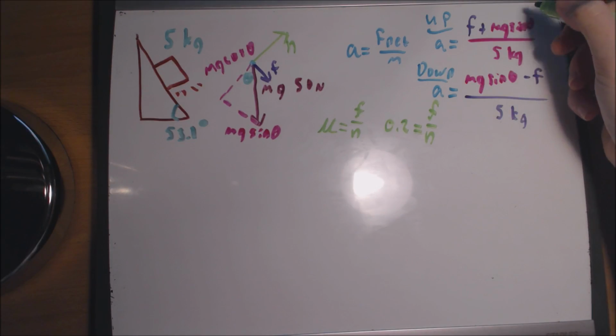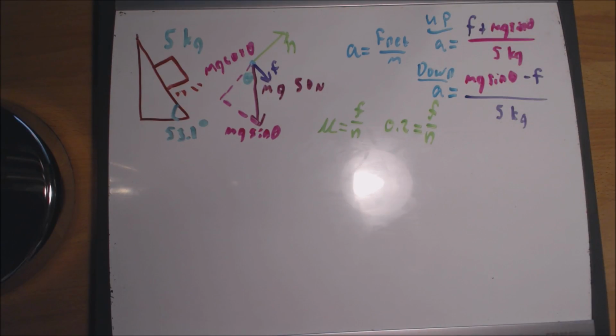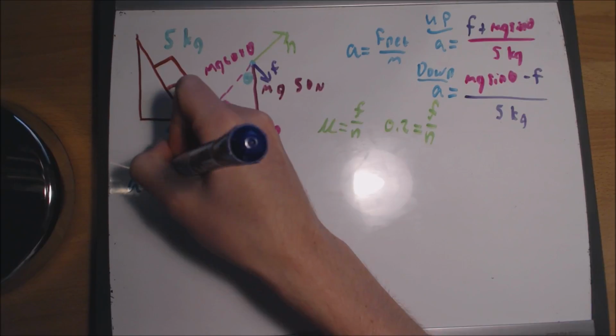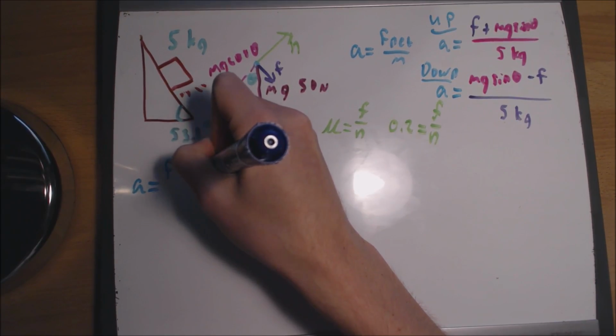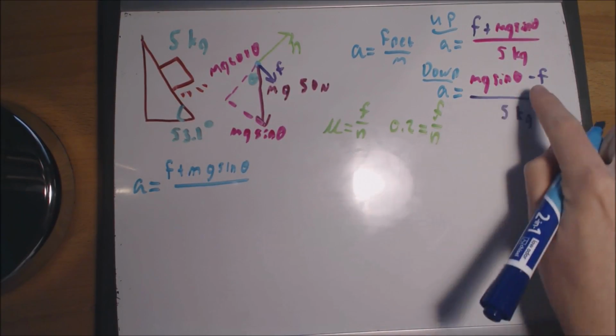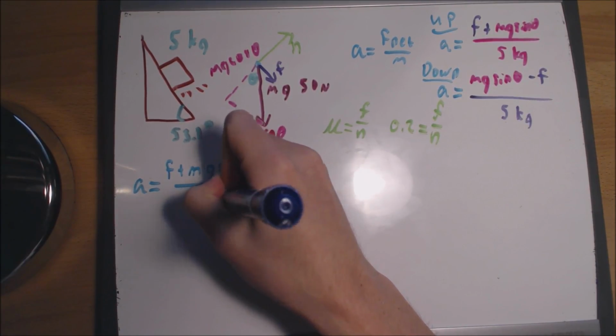So we already have our acceleration formula, which we can transpose down the board. Acceleration equals F plus mg sine theta over mass, which is just 5 kilograms.